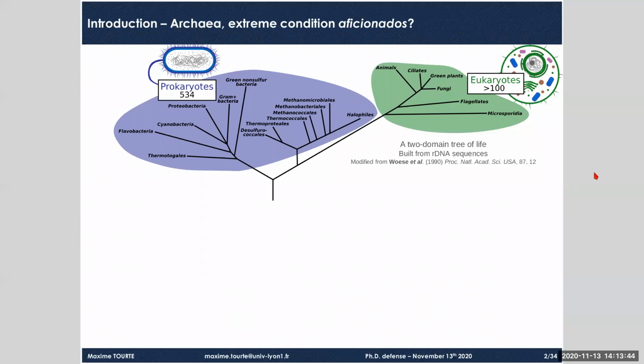At first, we considered life to be divided into two main domains. On the one hand, prokaryotes, which are characterized by relatively small organisms, pretty simple and lacking a nucleus. And on the other hand, the eukaryotes, which have much bigger cells, far more complex, and also have a nucleus.